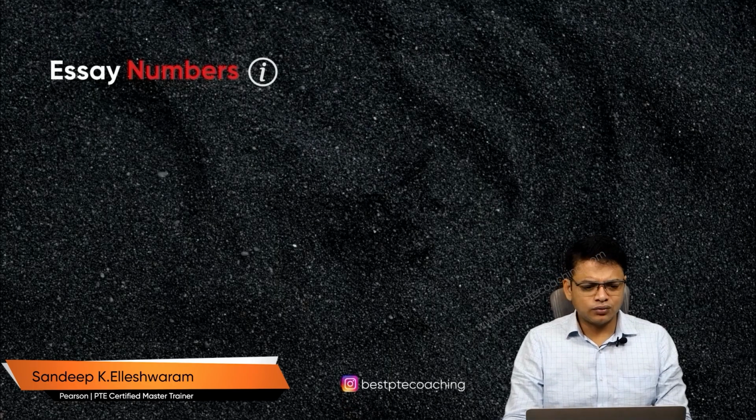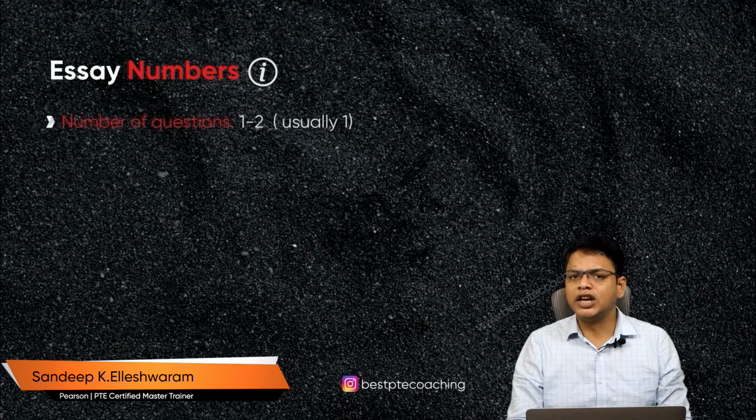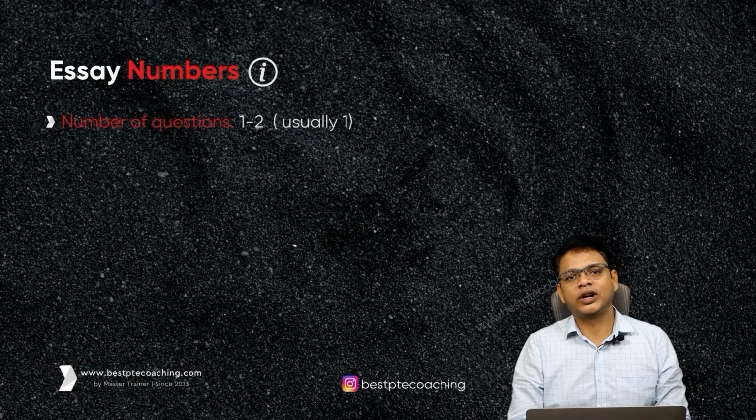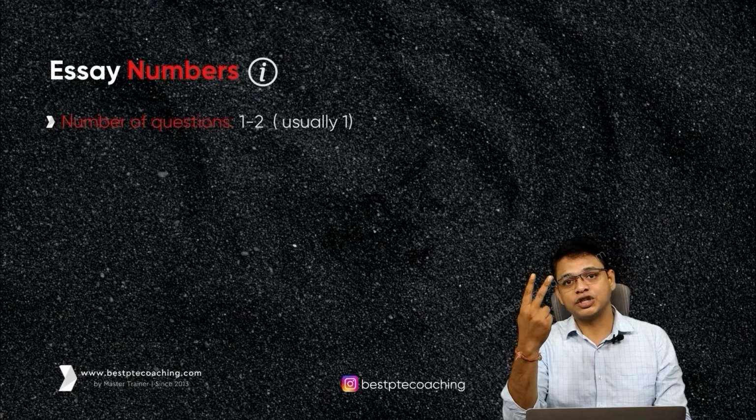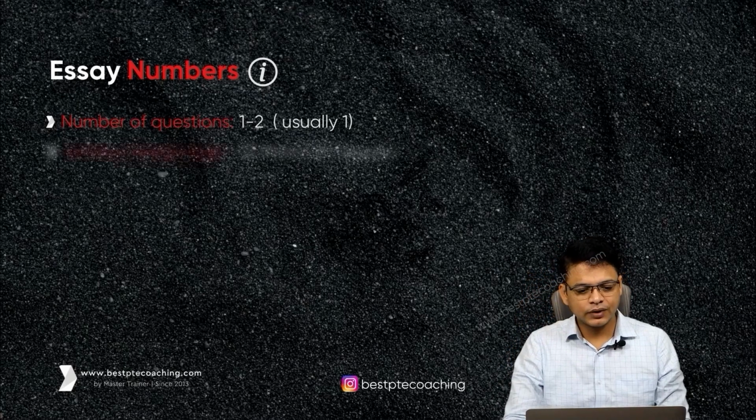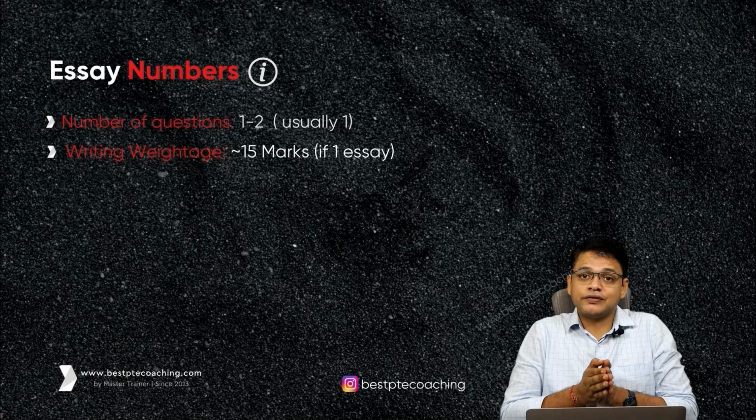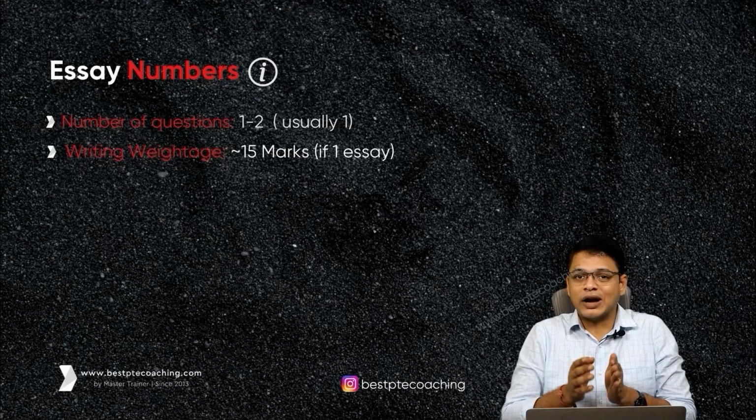Essay numbers we'll learn now. The number of essay questions in your Pearson PTE exam will be either 1 or 2. You get 1 essay question or you get 2 essay questions on the real exam day. The weightage of each essay is 15 marks when you have 1 essay.